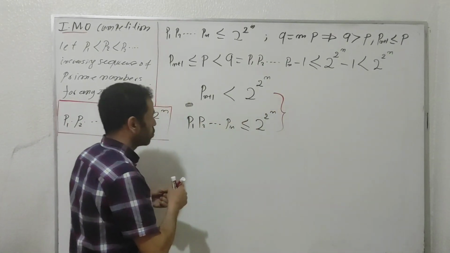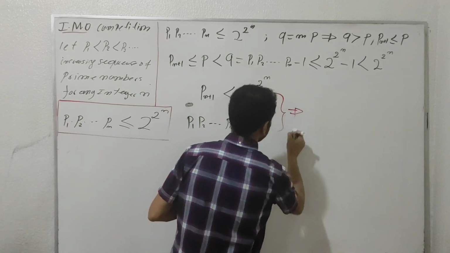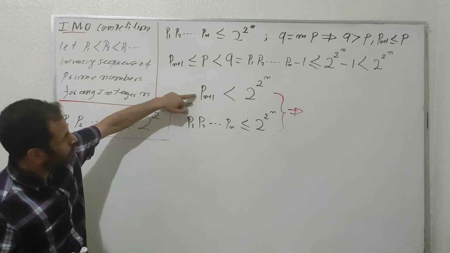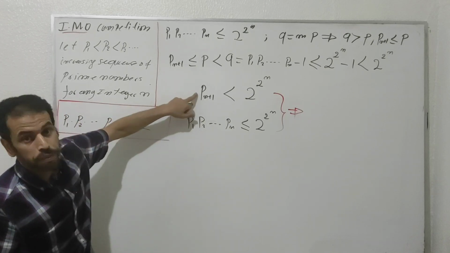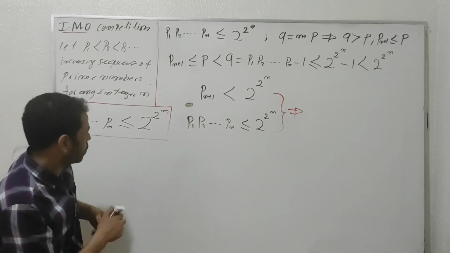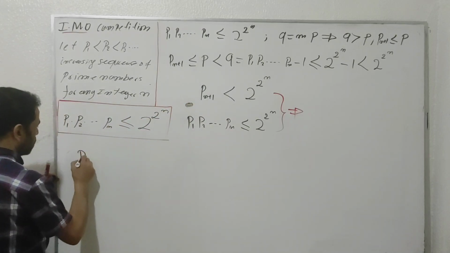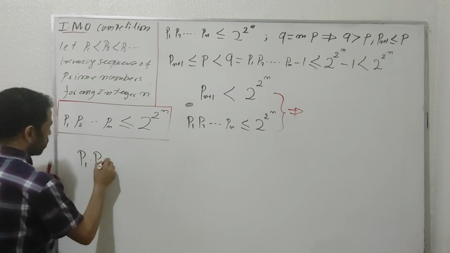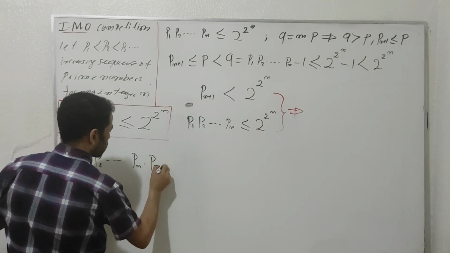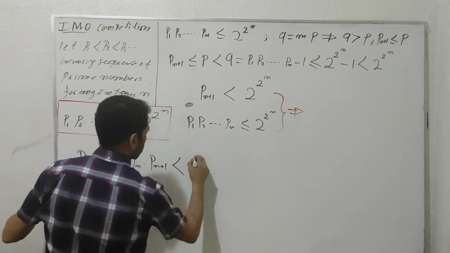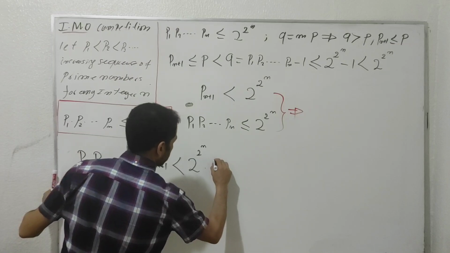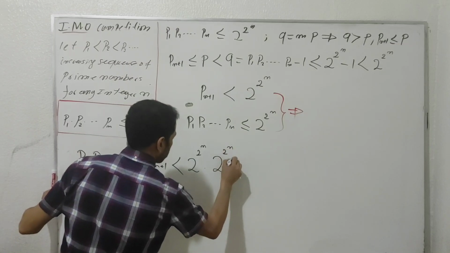Both things, what I'm going to do now is simply multiply this product by Pn plus 1, by joining this one to this one. So I will have P1 multiplied by P2 and all the way down to Pn, multiplied by Pn plus 1, strictly less than 2 to the n multiplied by 2 to the n.